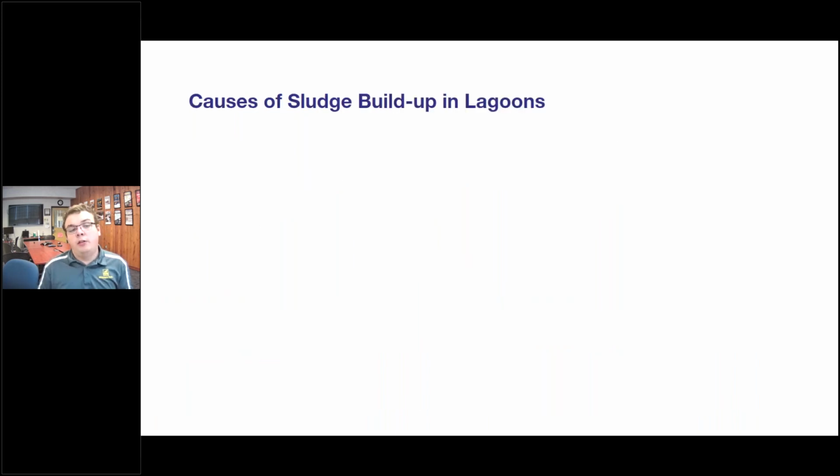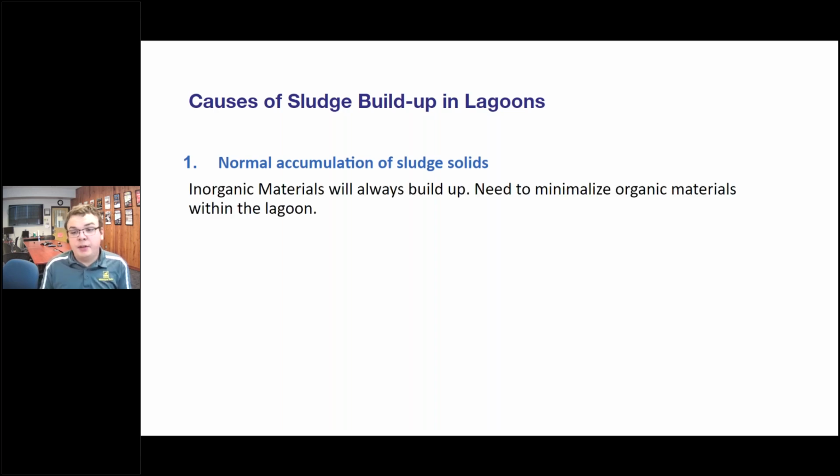So what are some causes of the buildup in lagoon systems? The first is normal accumulation. Inorganic materials especially are always going to build up in the sludge layer. There's not a whole lot you can do about it short of removing it physically, but the goal is to minimize the organic materials in the sludge layer to prevent unnecessary accumulation.